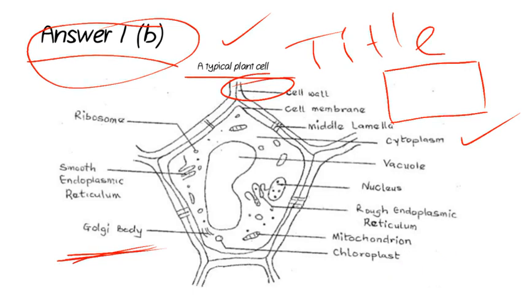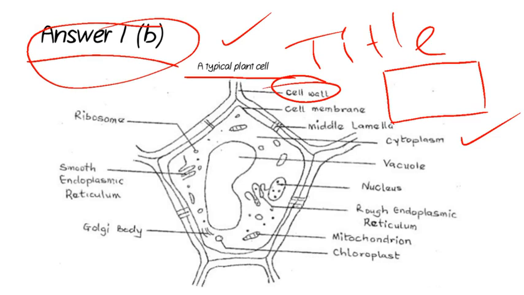I'm going to go to some specifics of the plant cell. When you are drawing a plant cell, there are specific things that you should take note of. Let's look at the specific parts that our plant cell has. A plant cell has a cell wall. This is specific to a plant cell, unlike the animal cell.